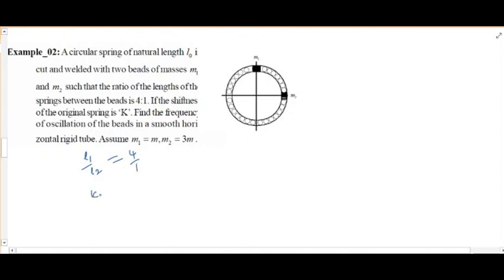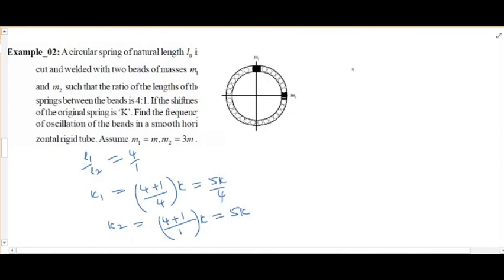The spring constant of the first part is total ratio (4 plus 1) by ratio of the first part 4, into spring constant K. This becomes 5K by 4. K2 is total ratio (4 plus 1) by ratio of the second part 1, into K. This becomes 5K.